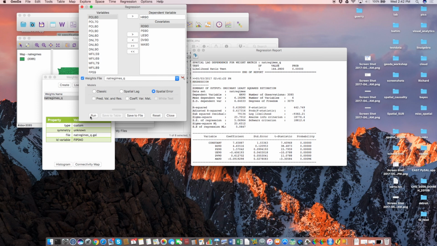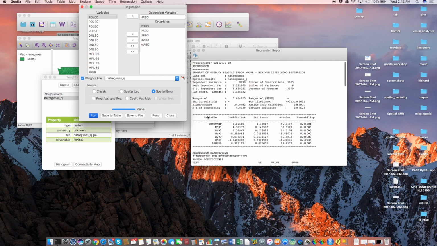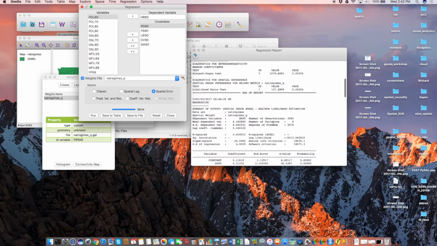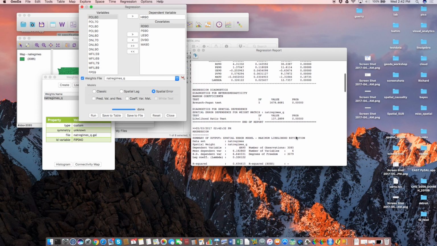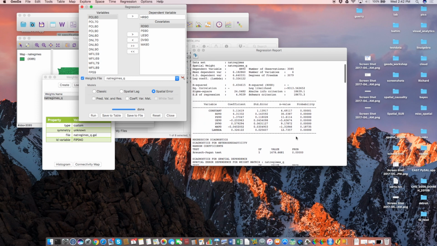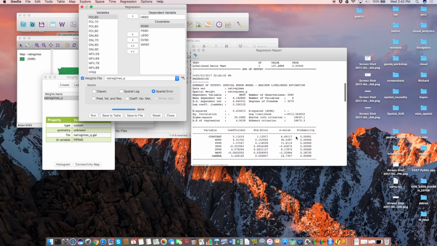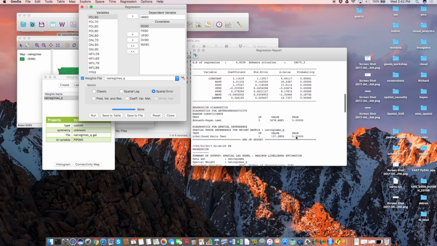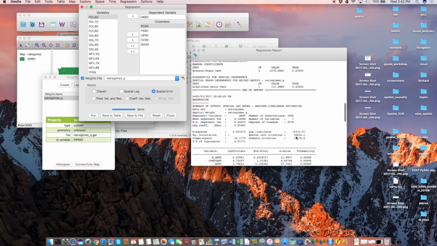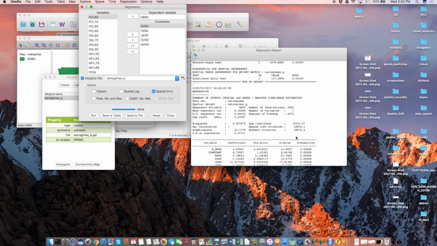We run the error model, and we have 9313. Let's see. 9310. So 10 is a little higher than 13. The lag model fits the data a little bit better, okay?